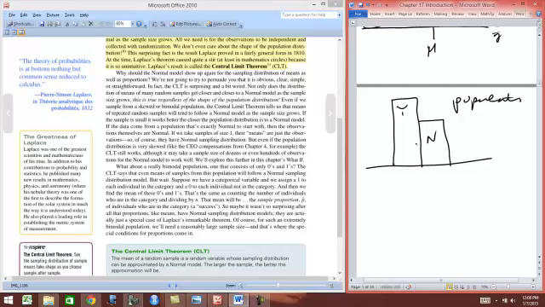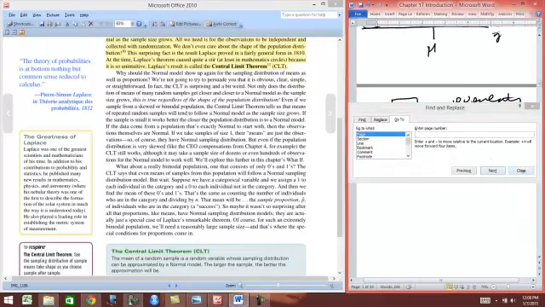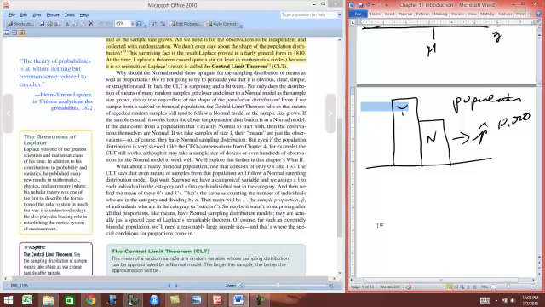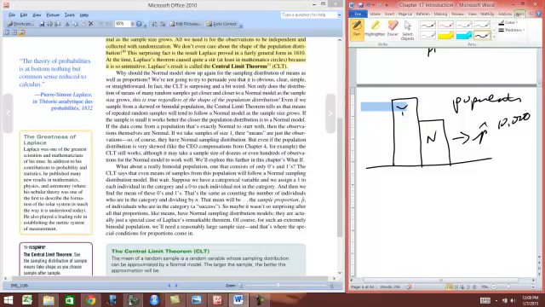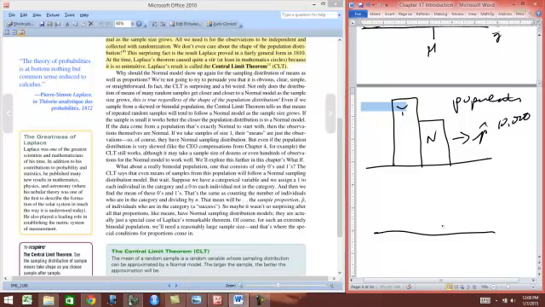And yet, if we take samples from this population, thousands of them, and we take a whole bunch of p-hats, let's say 10,000 p-hats, from this population that's definitely not normally distributed, we're going to end up with a normal distribution of the p-hats centered around p.